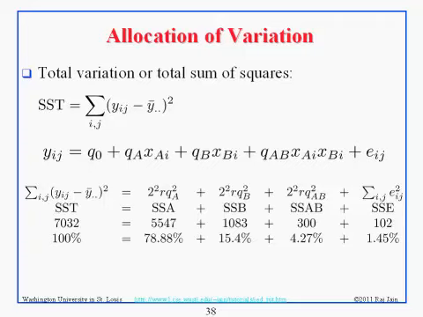And so if you do the calculation for the example that we did a minute ago, you will find that the total sum of squares is 7032. Out of that, 5547 is this number: 2 raised to 2 times R. R is 3. 2 raised to 2 is 4. So 12 times QA square is this number. 12 times QB square is this number. 12 times QAB square is this number.